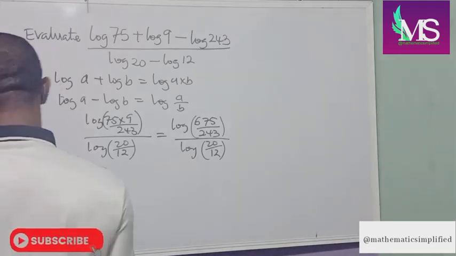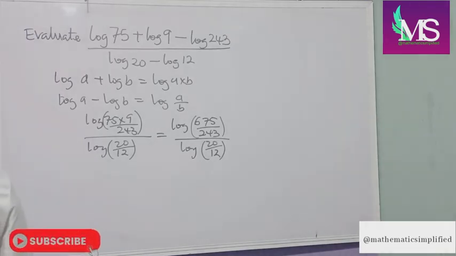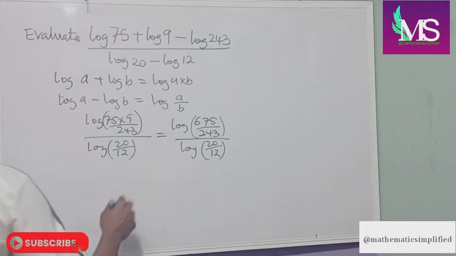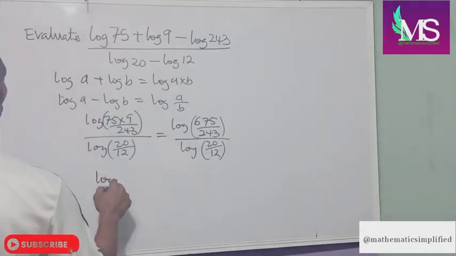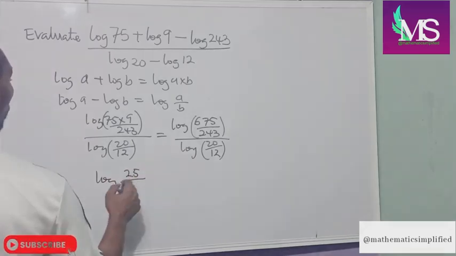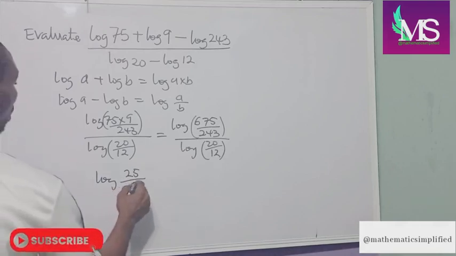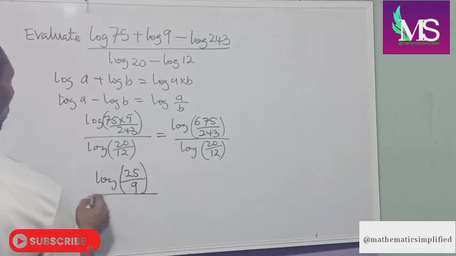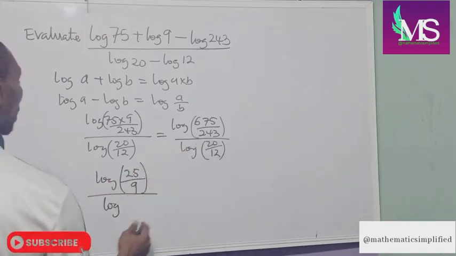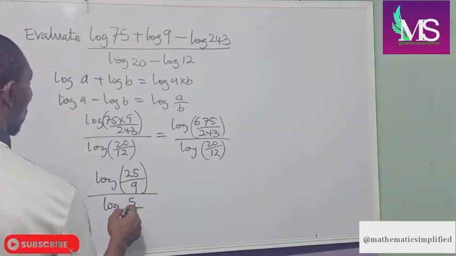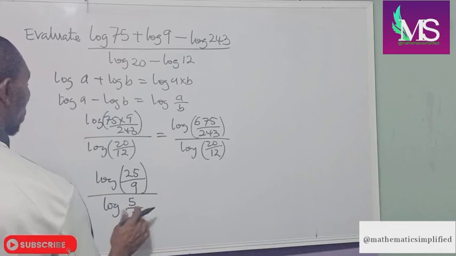Our 675 when divided by 27 would give us 25. So this becomes log 25 over, 243 when divided by 27 would give us 9, all over log, 20 divided by 4 will give us 5, and 12 divided by 4 will give us 3.